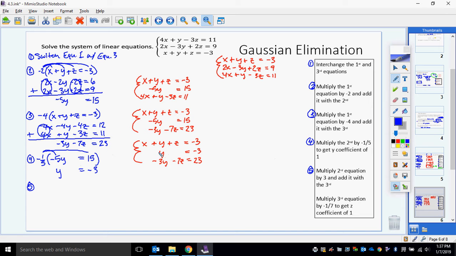But in order to use it, remember, it's got to be a positive 3 to match up with this one. So I need to multiply equation 2 by 3, which would give me 3y equal to negative 9. I'm going to take that equation 2 and add it with equation 3.